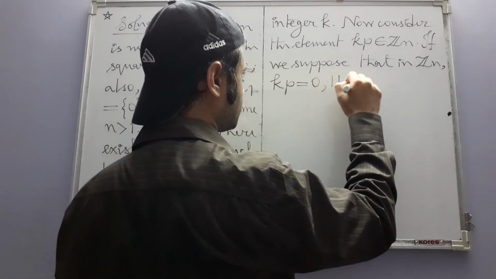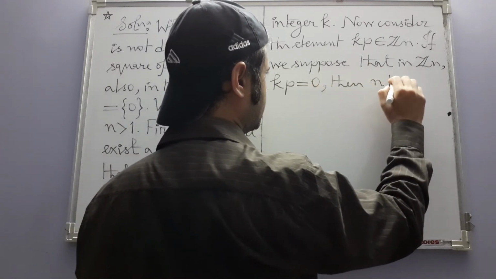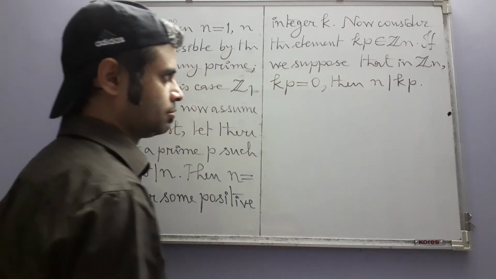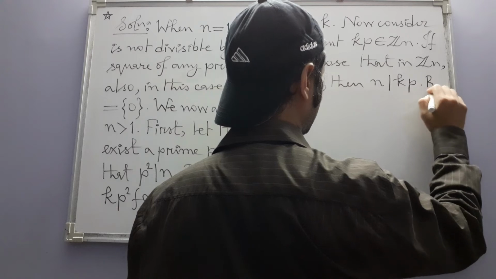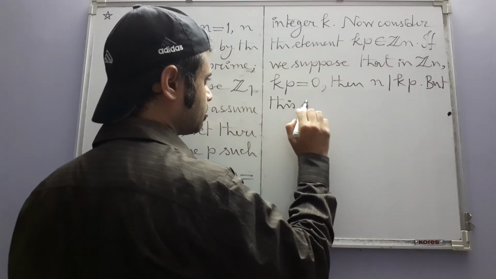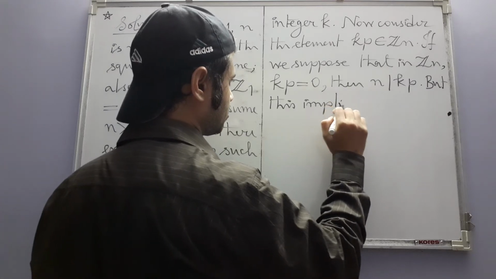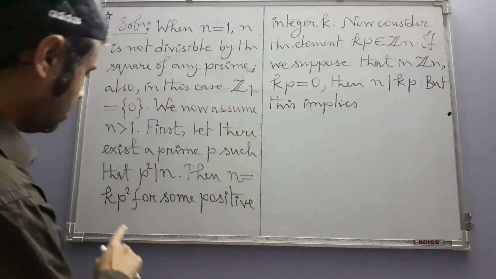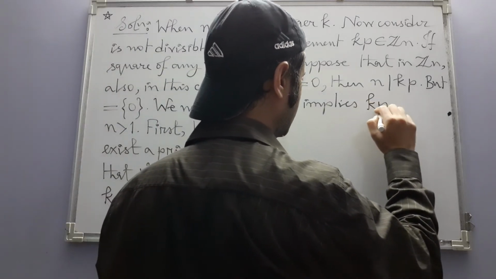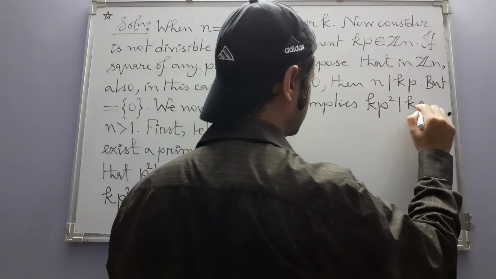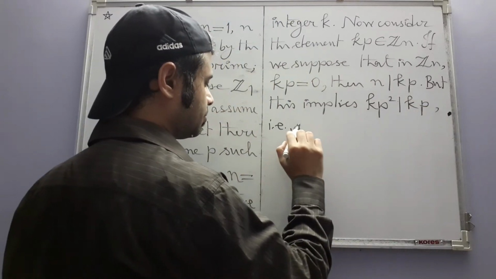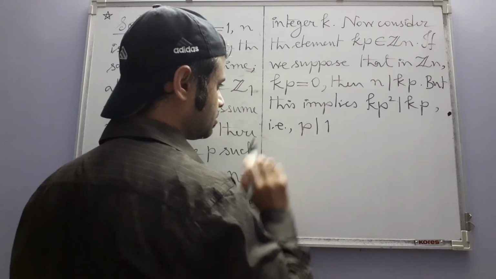Then n divides kp, but this implies, now what is n? n is kp², so kp² divides kp, that is, p divides 1.